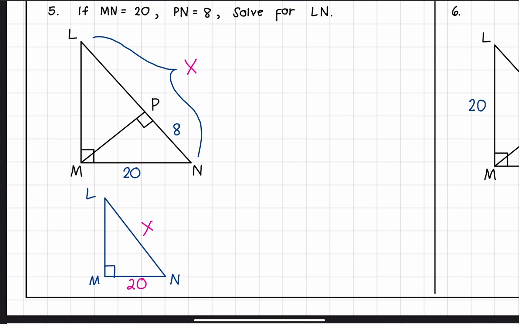So, again, the challenge here is how to determine the angles, okay? So we have to shift or rotate this triangle in order to become this triangle, okay?